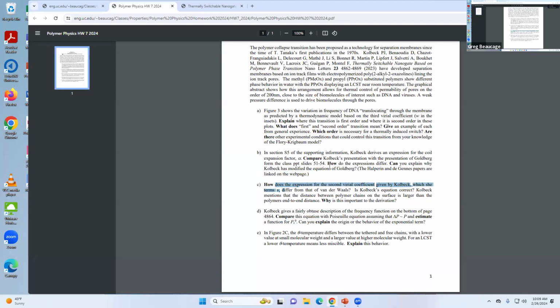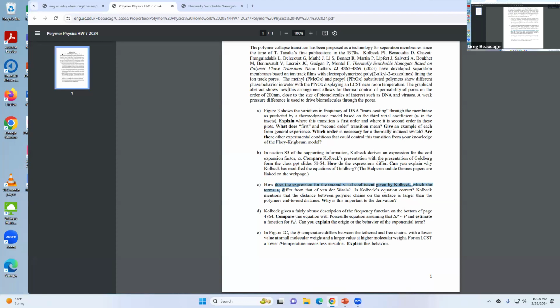I came to the conclusion that because our current research paper is trying to understand different terms, such as radius and so on, they have to adjust the equation to have variables that make sense. But I didn't understand C at all, like how to explain if that equation was right or how that correlates to van der Waals.